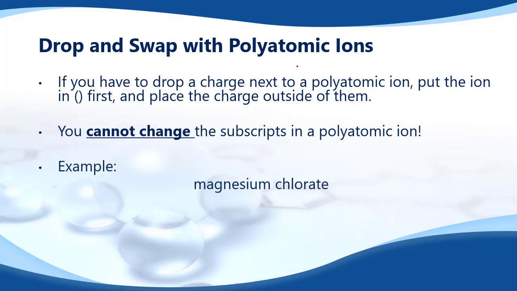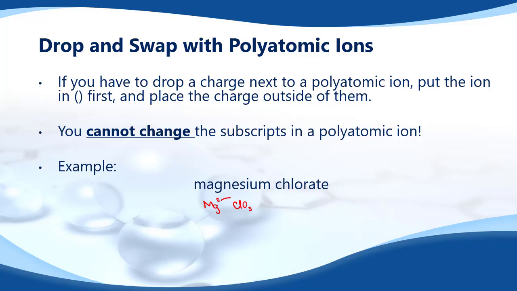So here's a quick example, magnesium chlorate. This is how the drop and swap will work. Magnesium is still +2. Chlorate, if we look it up on our chart of charges, is ClO3 with a -1 charge. So far, nothing too difficult. We're going to do our drop and swap. Second step, get rid of the charges, or the signs, I should say. So get rid of the plus, get rid of the minus. Now we're going to drop and swap. There's a 1 up here that we don't care about, because we don't write 1s.